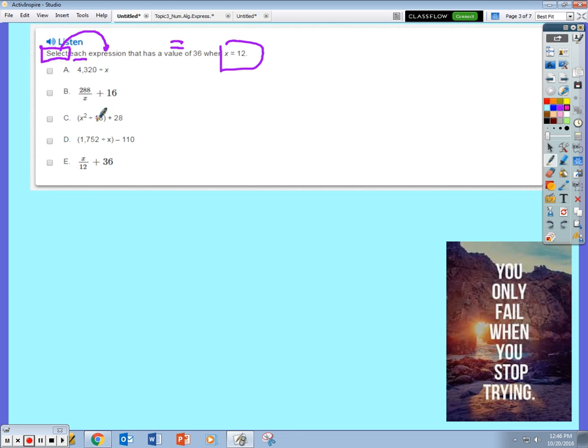The next one says 288 divided by x, or the quotient of 288 and x, increased by 16. So I have 288, and I'm going to set the divided by 12 up like this. Makes it a little easier for me to see. And then at the end there, we're going to add the 16 to it.